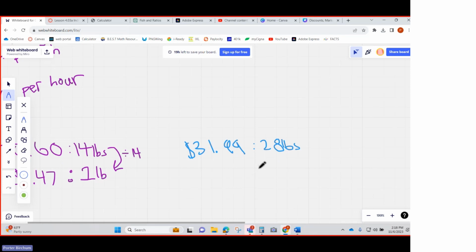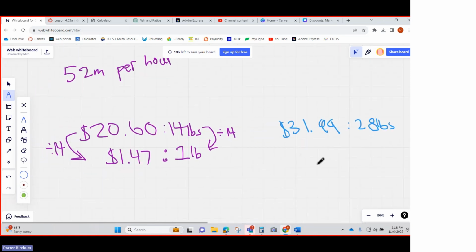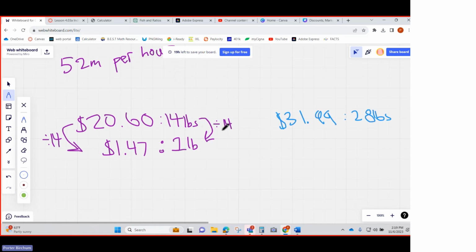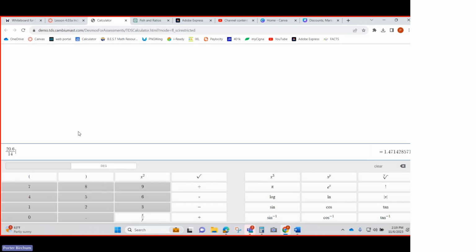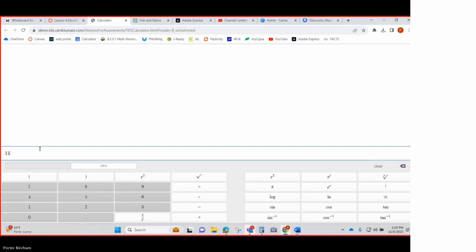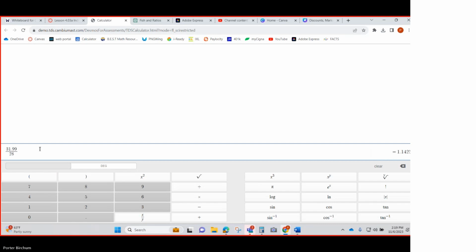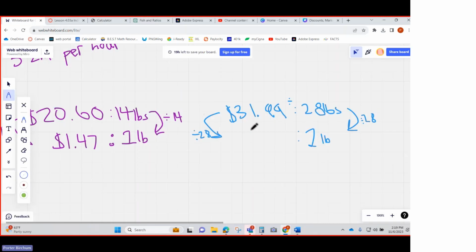I could find the unit rate by dividing the first number by the second number, just like what we did for option A. So 31.99 divided by 28, or also, let me write that here, 1 pound. 28 divided by 28 is 1. 31.99 divided by 28 is 1.14. Ooh, this one's cheaper. 1.14. Not option A, know that.